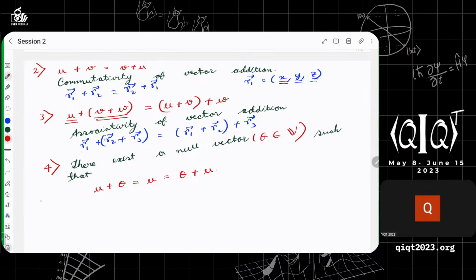And if you think about R3 here, then the null element is nothing but the origin. So 0, 0, 0 for R3.